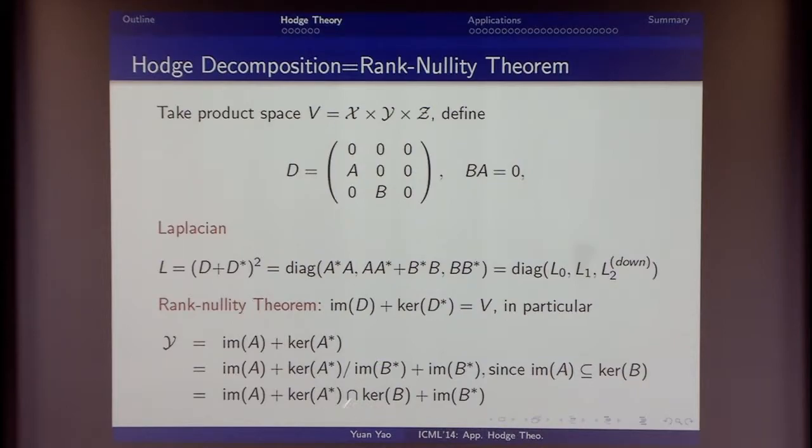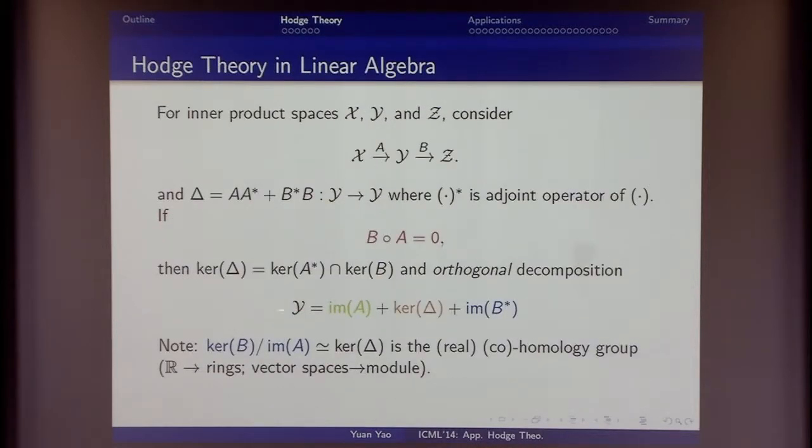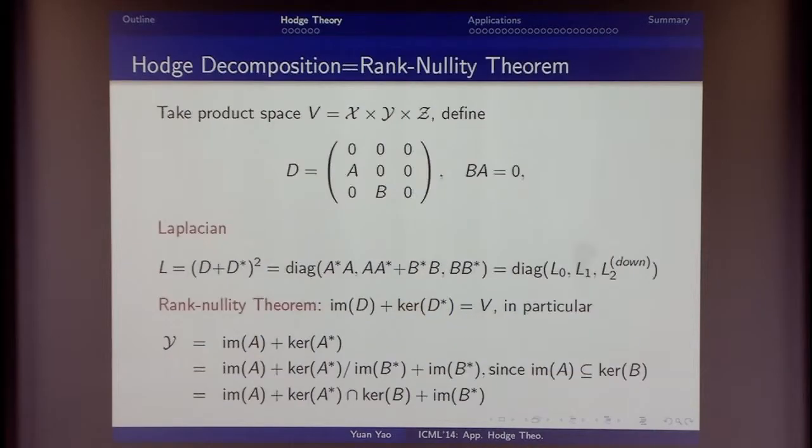Basically, the intersection of the kernel of A star and the kernel of B gave this quotient space. So somehow from here you can see the previous slide, because this kernel must equal the abstract Laplacian. So in the middle, this Laplacian kernel, you can put it here. So this is the rank-nullity theorem derivation for the Hodge decomposition.